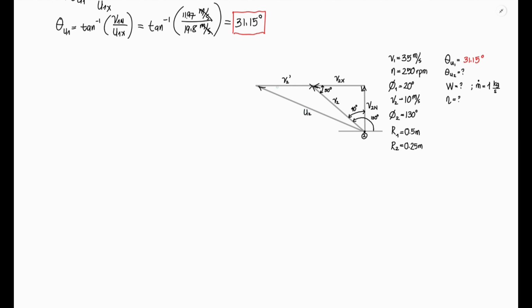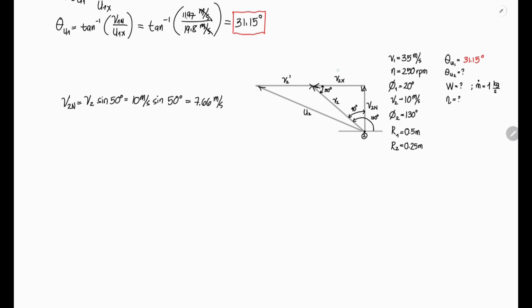Then we can also solve for the vane angle at the outlet, which is the angle of our relative velocity at point 2. So first, let's try to solve for v2n. So the formula for v2n is equal to v2 sine 50 degrees. So v2 is 10 meters per second, then sine 50 degrees. That is equal to 7.66 meters per second.